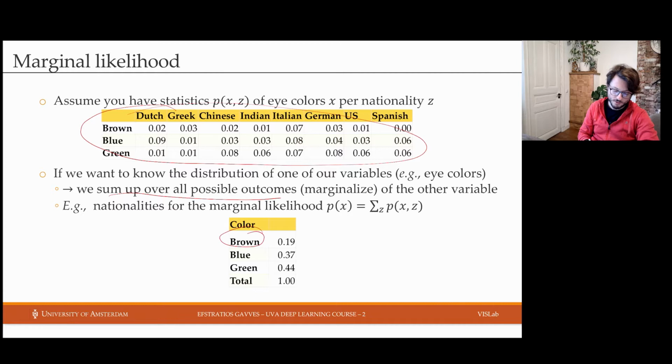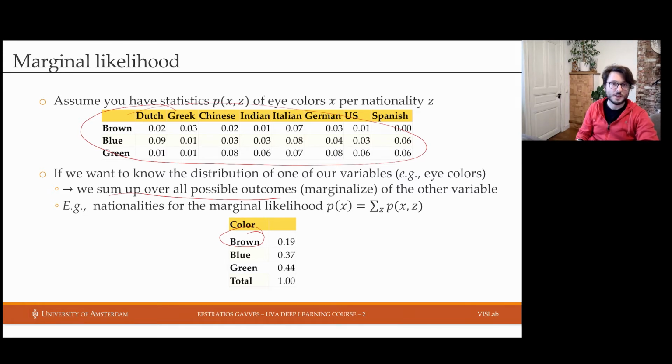So for instance, to compute the probability of having brown eyes, we sum up the probabilities of having brown eyes while being Dutch, while being Greek, while being Chinese, and so forth, until we visit all possible nationalities. And we do the same for other eye colors.